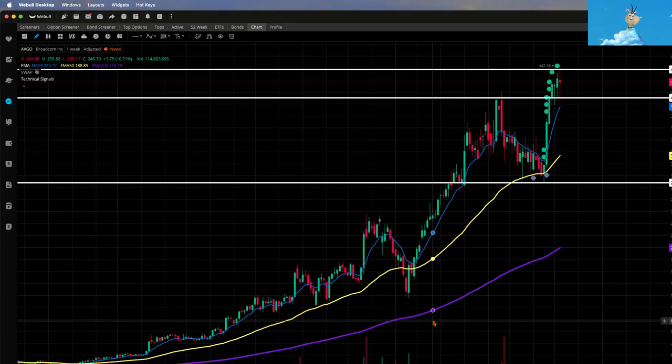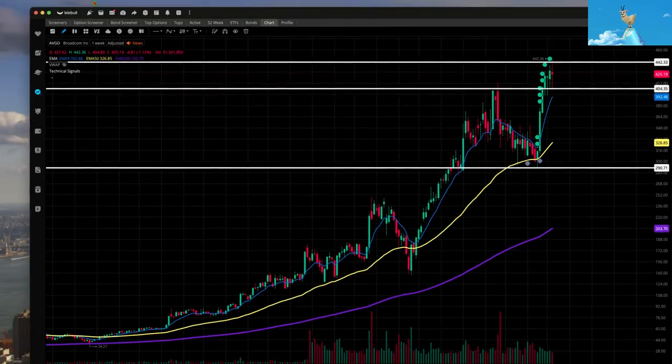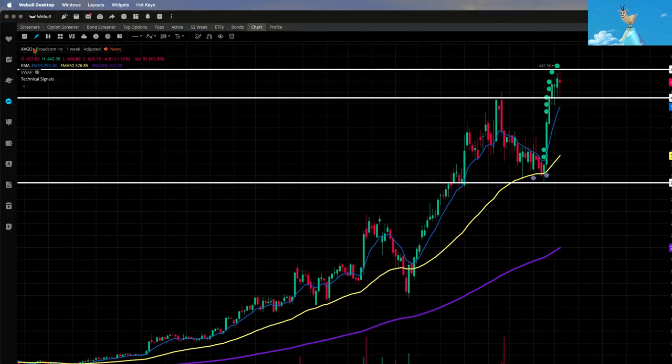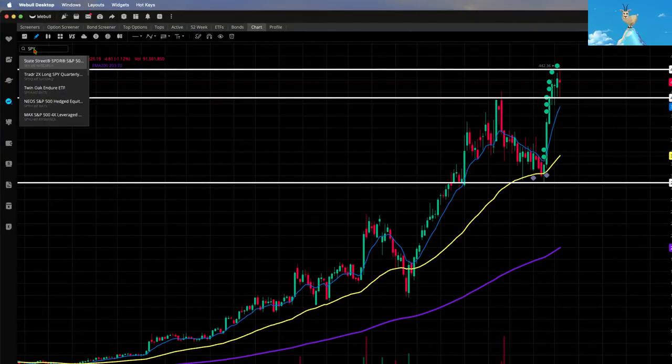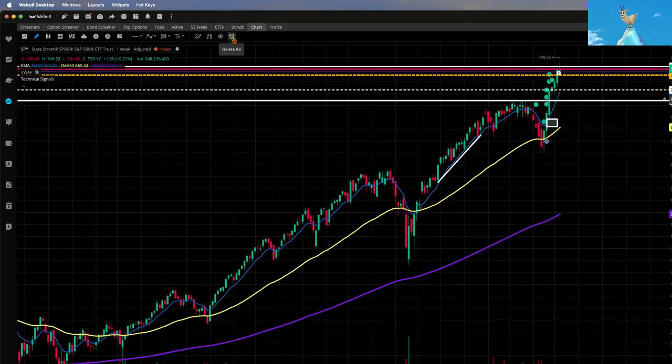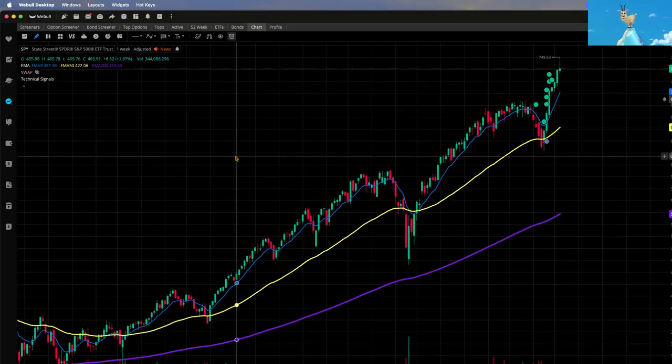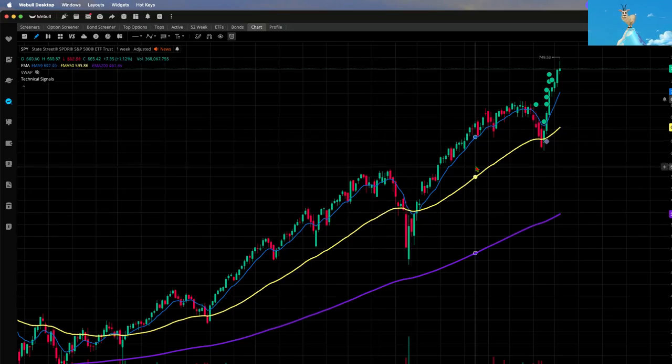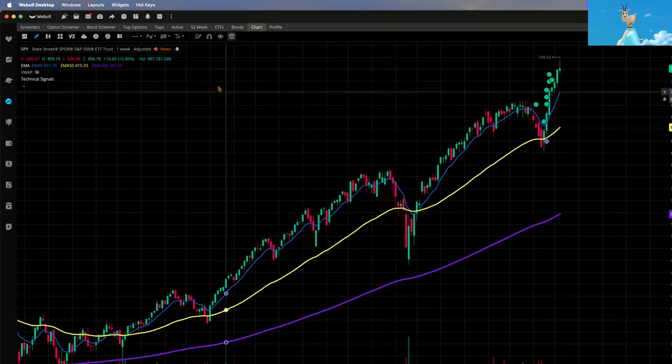So I wanted y'all to see this on a real chart real quick. Matter of fact, I'm gonna use SPY. We're not gonna use Broadcom. So this is a weekly time frame, so these levels are strong.